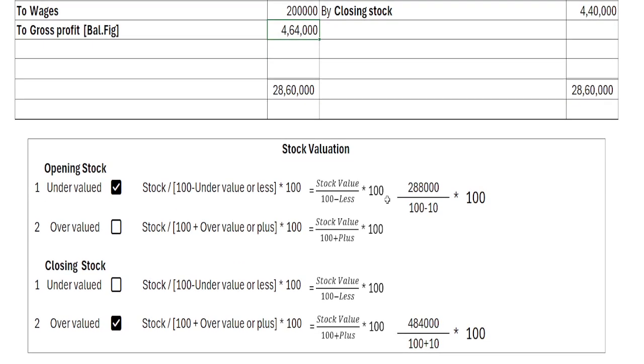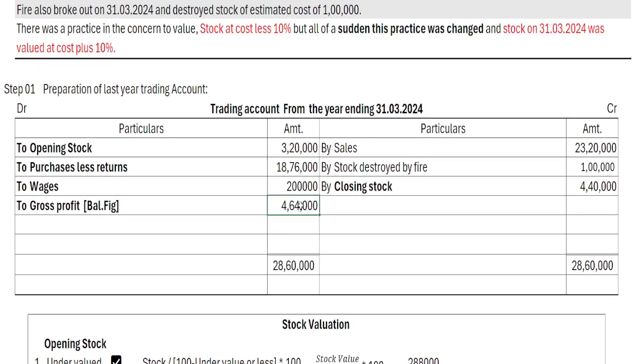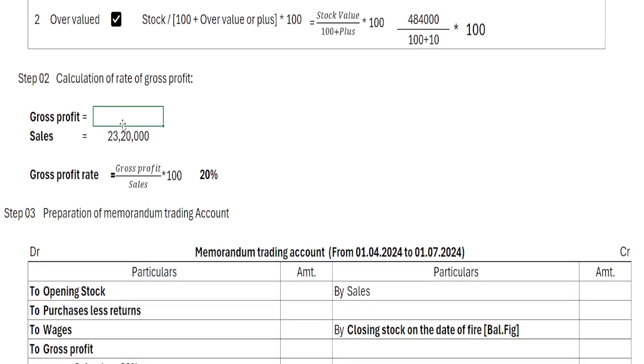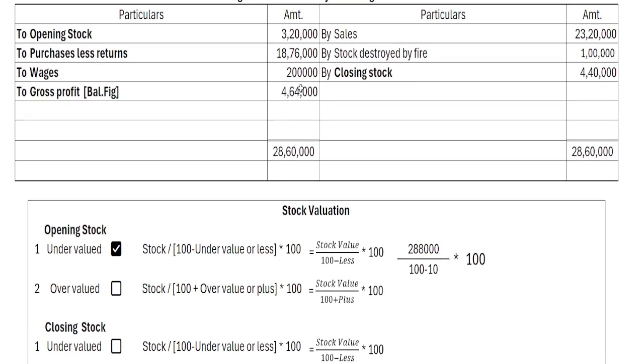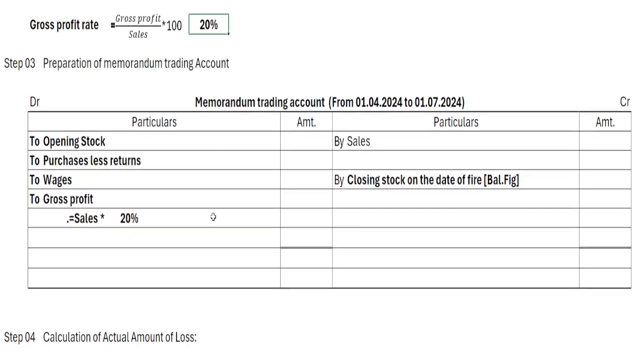We got the gross profit amount. Let's calculate the percentage. Gross profit is 4 lakh 64,000, and the percentage is 20%.